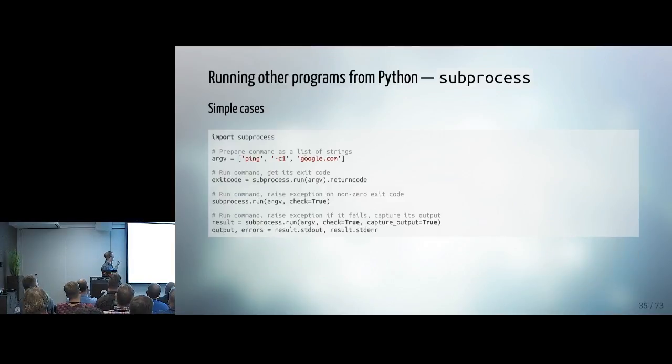So that was argparse. Now let's look at how to run other programs from your Python scripts. Subprocess. So basically, you import the subprocess module, you prepare a command line. Here you want to prepare the command line typically as a list of strings.